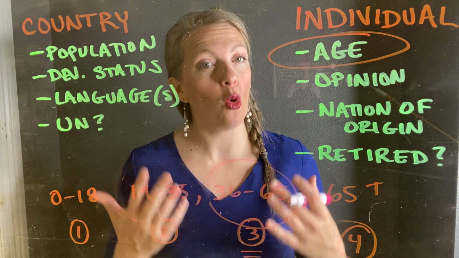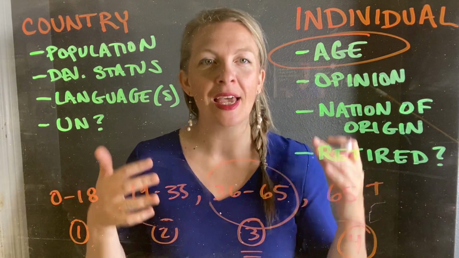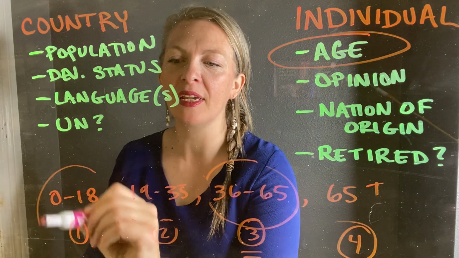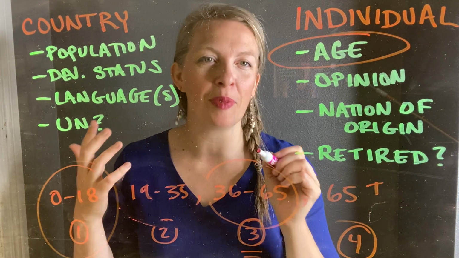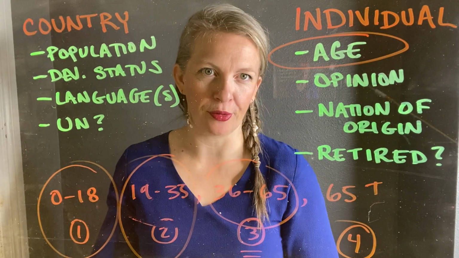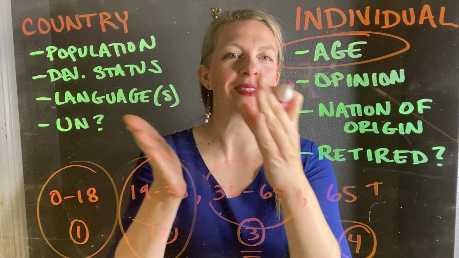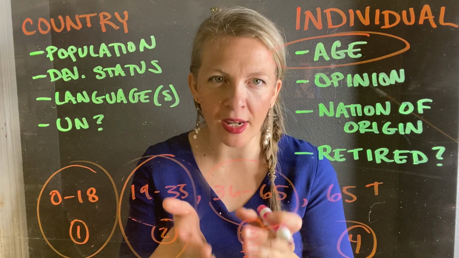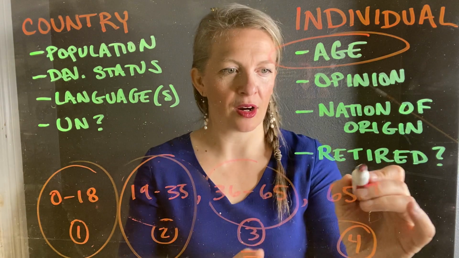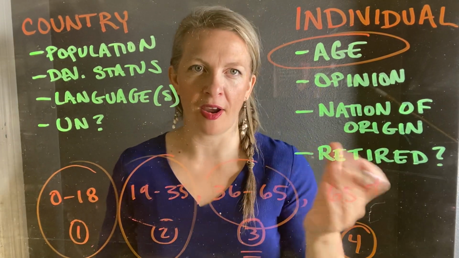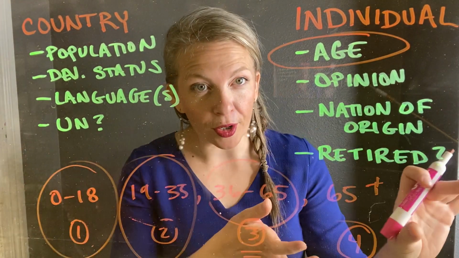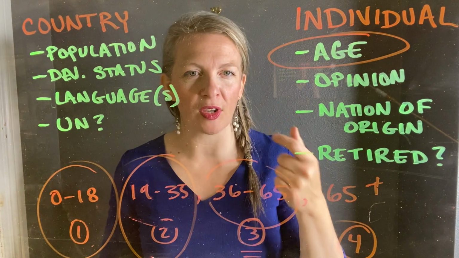This is now ordinal measurement. Why is it ordinal? It's ordinal because people in category 1 are always going to be younger than people in category 2. And people in that category are always going to be younger than the people in category 3. And those folks will always be younger than the people in the final category. So this is ordered, but we no longer have specific units of measure.